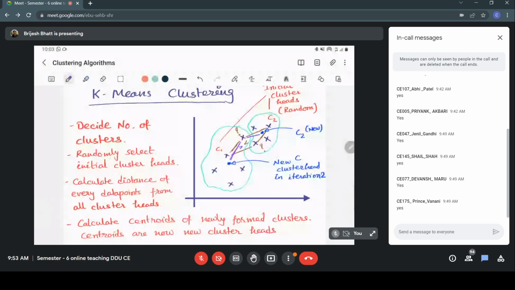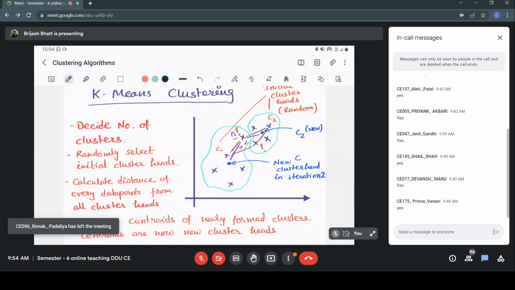That purple line that you can see on your screen. So when you repeat the process with the new cluster head, the data point I marked with a question mark, let's call it point P1, will now be assigned to cluster 2.